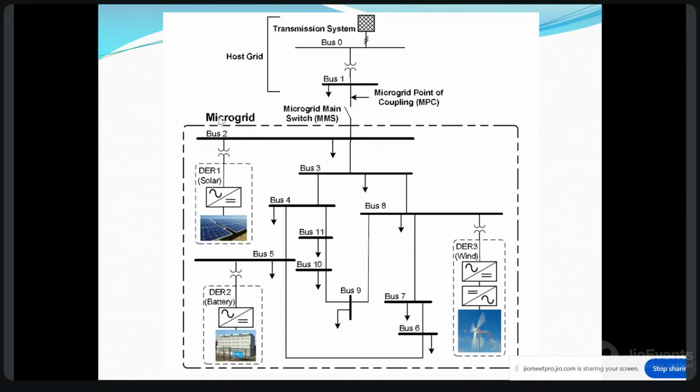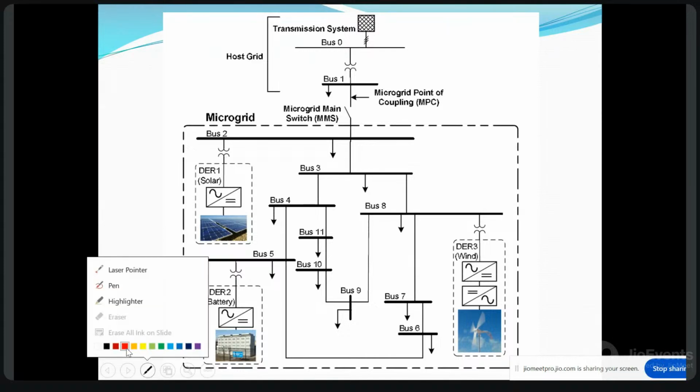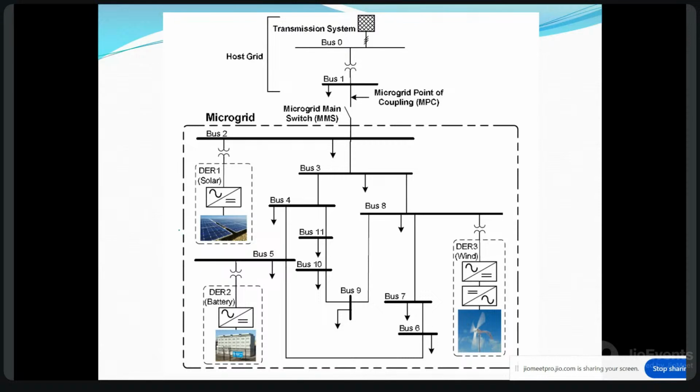Now, when I was discussing the definition of the microgrid, I said that there should be a clearly defined electrical boundary. As you can see here, the PV system is there, and a power electronic converter is connected.